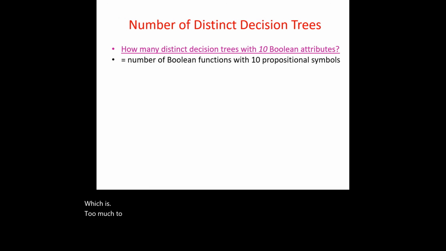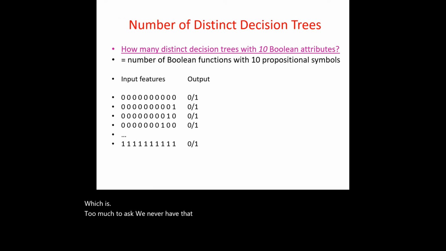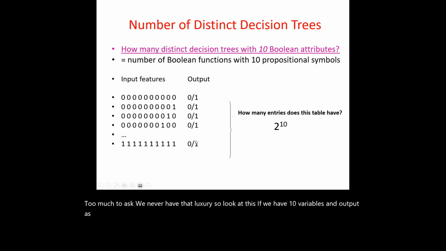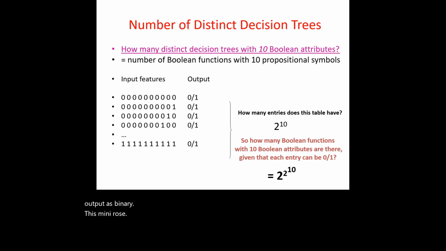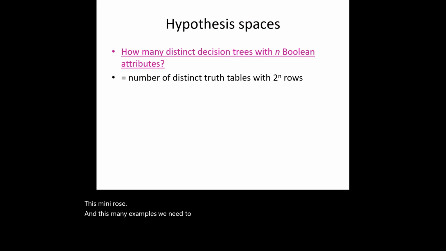We never have that luxury. So if we have 10 variables and output is binary, this many rows and this many examples, we need to construct the complete truth table.